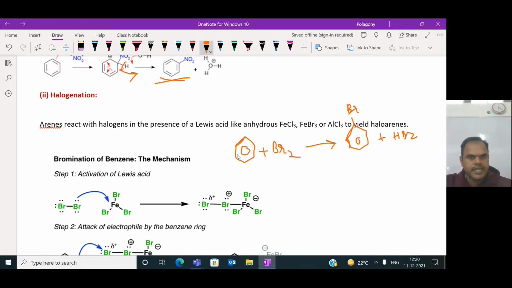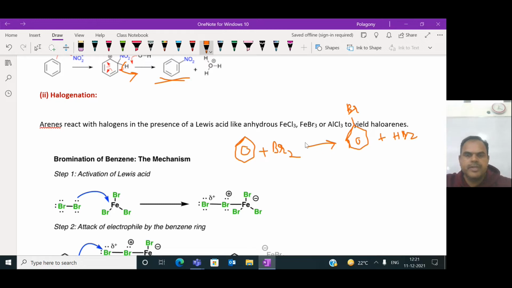And remember, this reaction is not an addition reaction. This reaction is an electrophilic substitution reaction. Unlike alkenes, benzene reacts with bromine or halogens in a different way to form halo-derivative products.